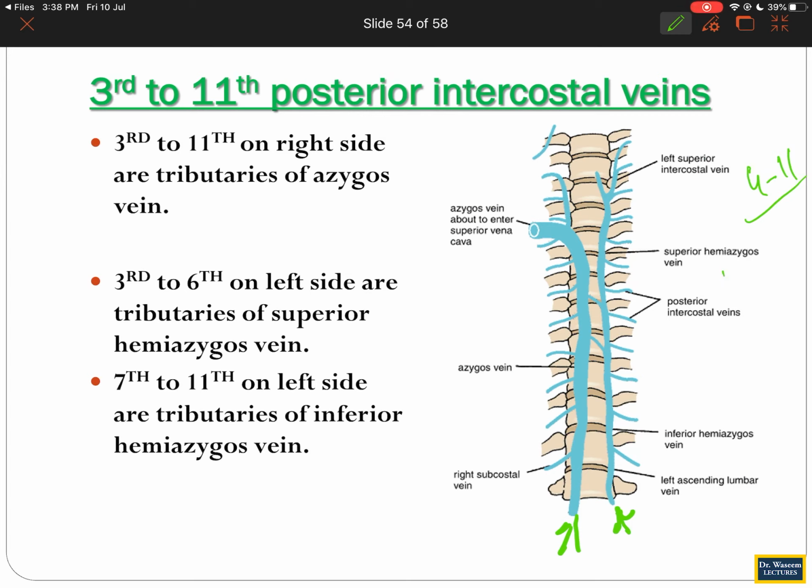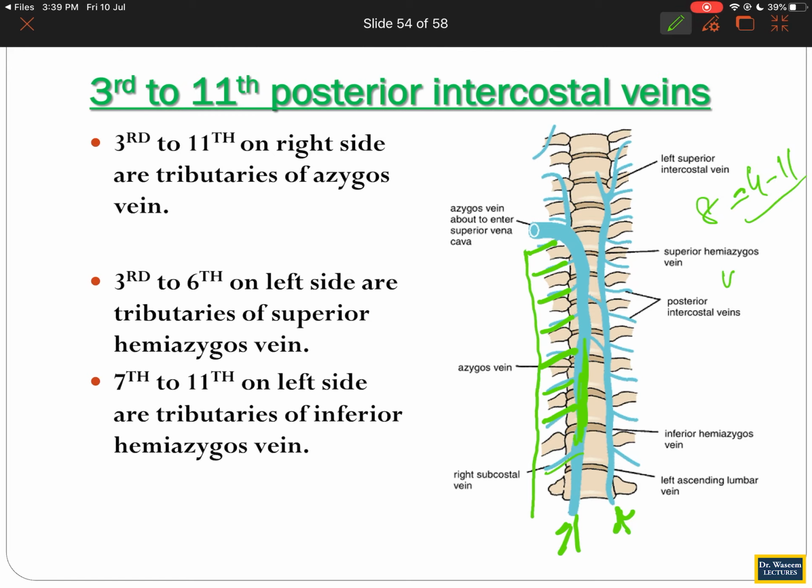That means the first half, you can say. Now how many spaces? 8 spaces posteriorly you have to fill in such a way that on the right side, obviously in continuity, all 8 spaces will drain their veins into the same vein.